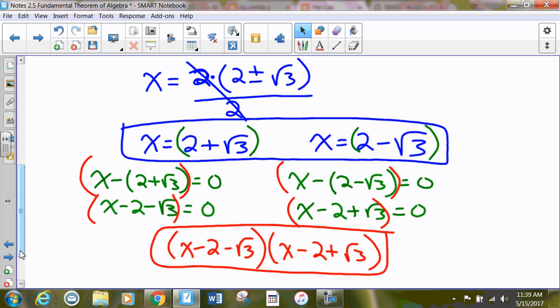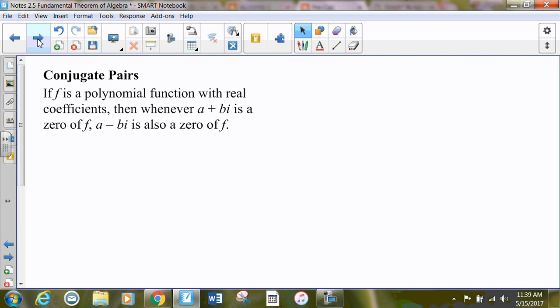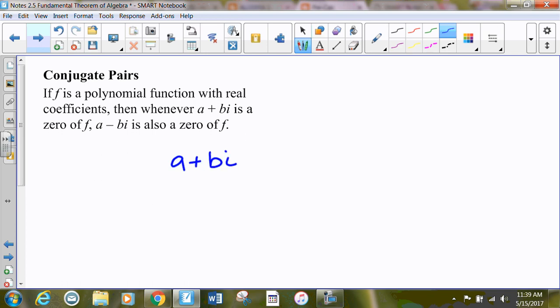Okay, so let's talk about conjugate pairs. So we know that a complex number can be written as a plus bi, and we now are being reminded, if you didn't know before, that the conjugate of a plus bi would be a minus bi.